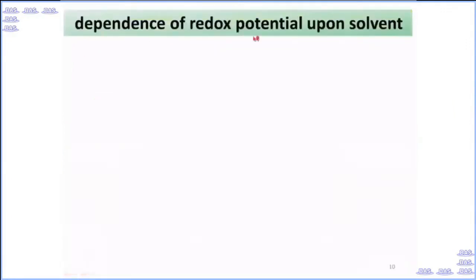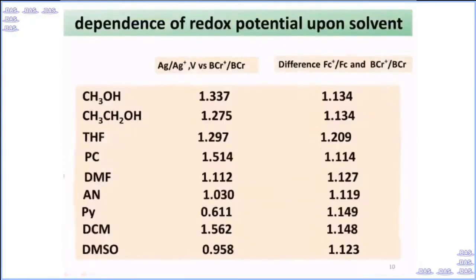Dependence of redox potential upon solvent. Silver ion as a reference electrode: if you use Ag plus, there is some uncertainty.